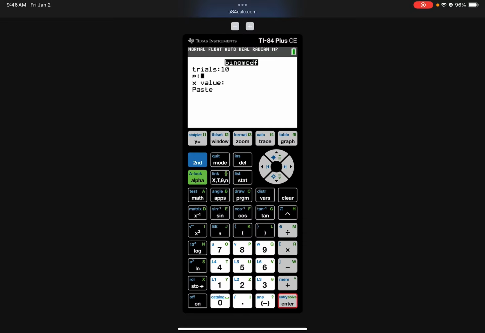The p-value, the probability of success, is 0.17, and the x value was, in this case, 1. So we'll go down, we'll paste it, we should hit enter, and we end up with 0.4729. That 5 is going to make that 29 round up, so that would be 0.4730.